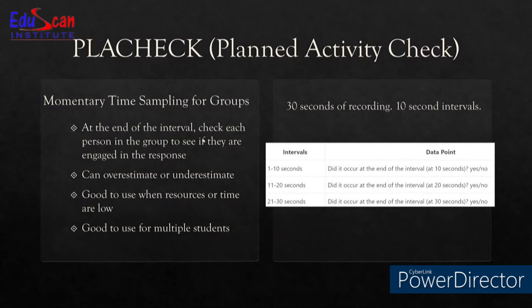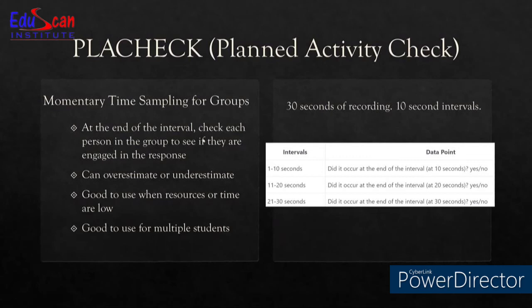Say, for example, again, an observation of 30 seconds. We are recording for the 30 seconds, dividing it into three 10-second intervals, 1 to 10, 11 to 20, 21 to 30. What are we looking at? Did it occur at the end of the interval for all the students of the group?